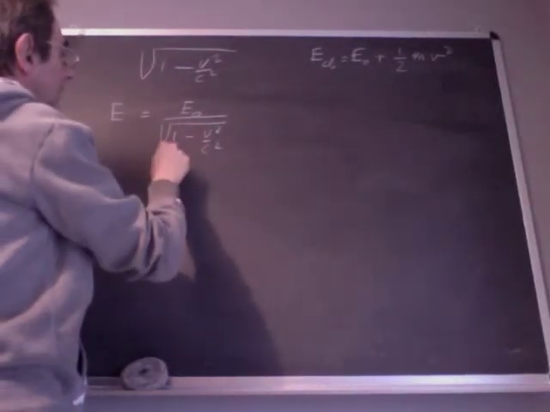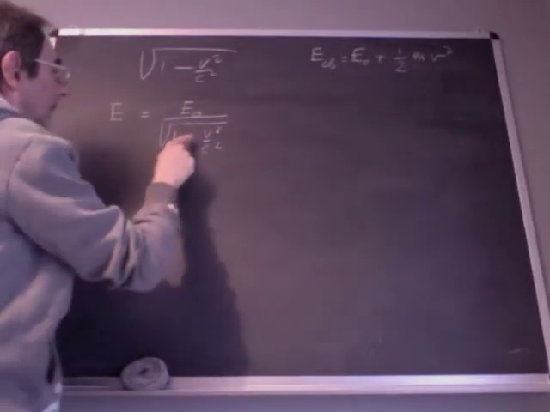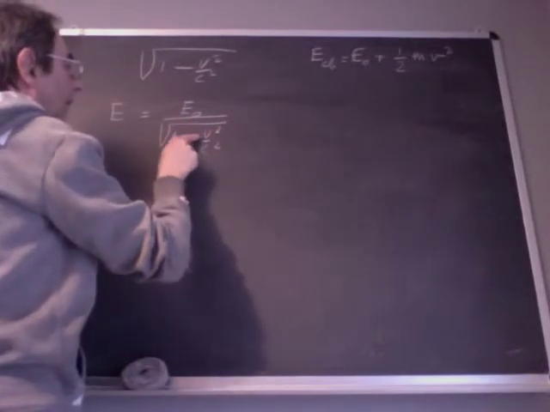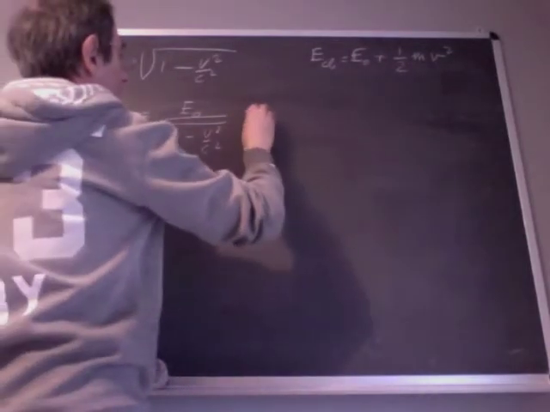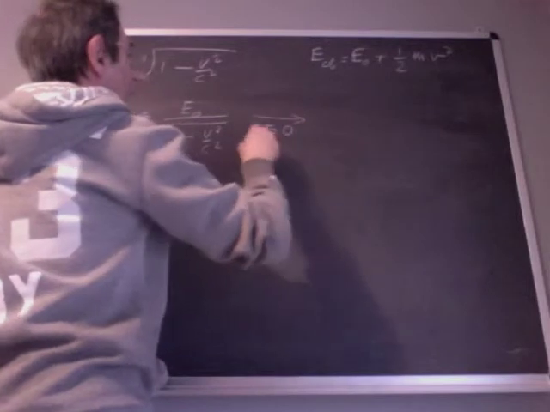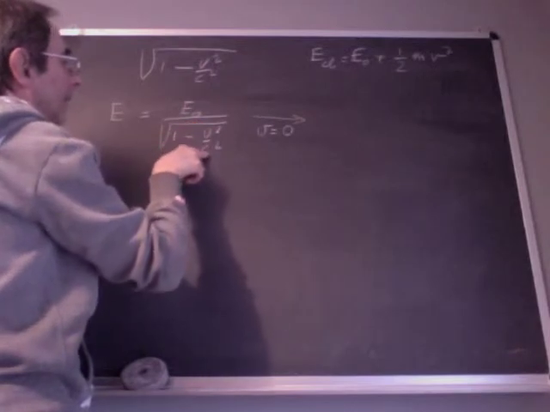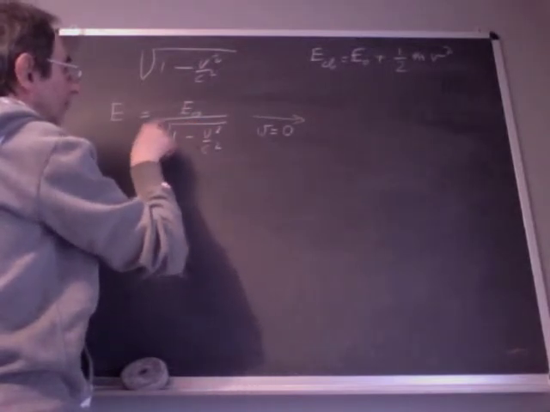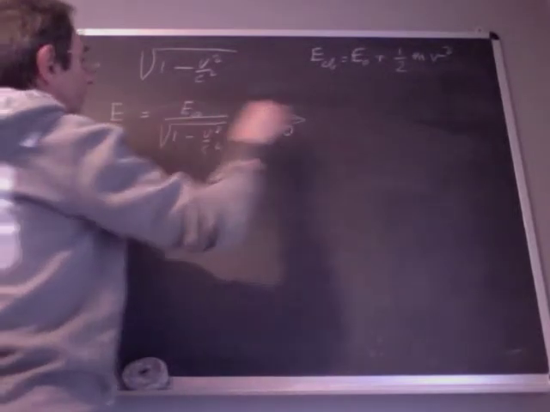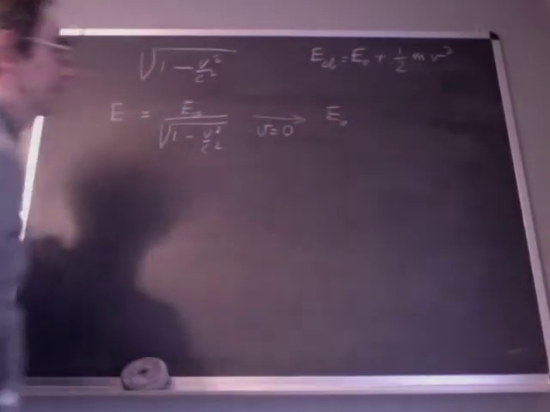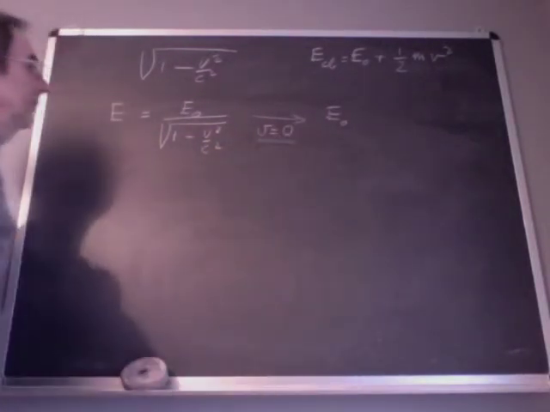If I put this factor at the denominator, as you can see, when v equals 0, this is 1 minus 0 divided by c squared, which is 0, so 1 minus 0 is 1, the square root of 1 is 1, so we get that the energy becomes exactly the rest energy when the body is not moving.